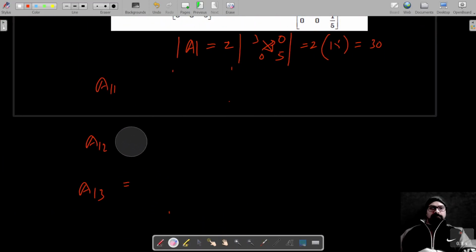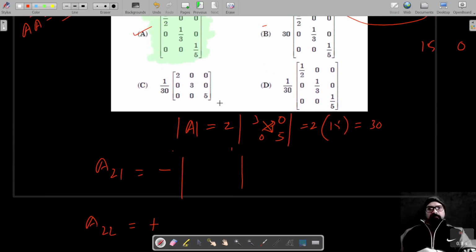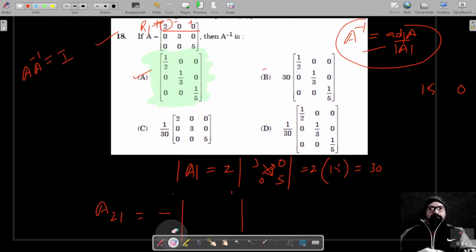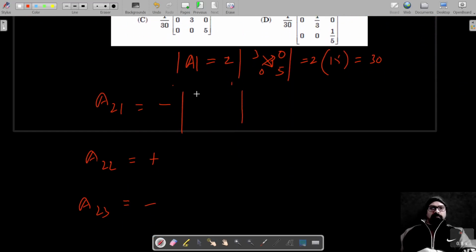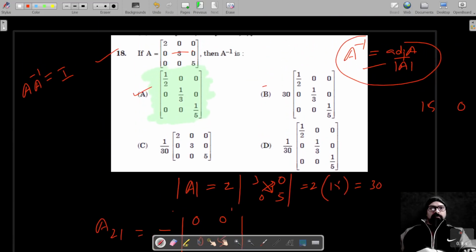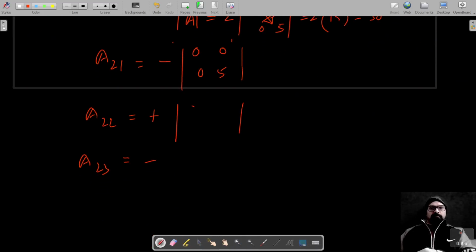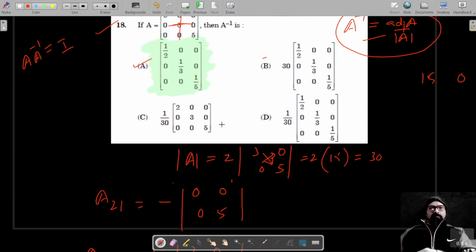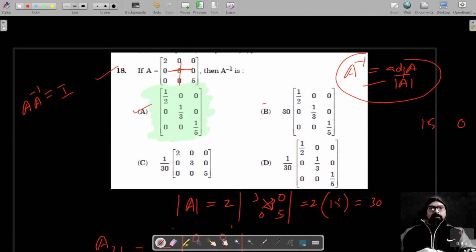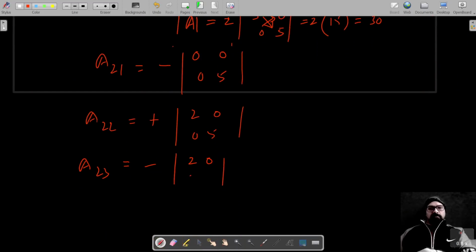Now let's find the other elements: the cofactors A21, A22, and A23. The signs are negative, positive, and negative. Removing the row and the column for the element in the second row and first column gives 0005. Removing the row and column for A22 gives 2005. Removing the row and column for A23 gives 2000.